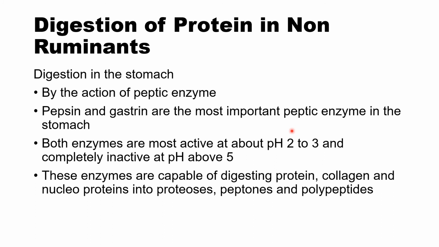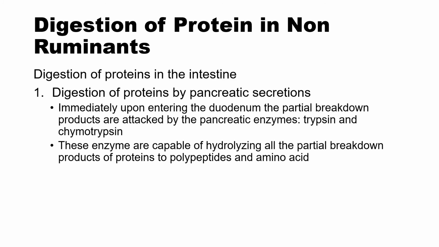Yung pH ng hydrochloric acid nasa mga 0.8, pero by the time na it will mix with the stomach contents, yung range niya nagiging 2 to 3. So yun yung dapat ideal pH level doon sa stomach.